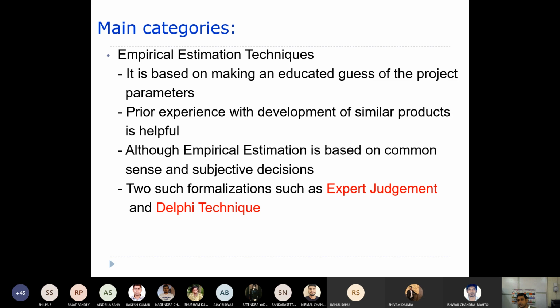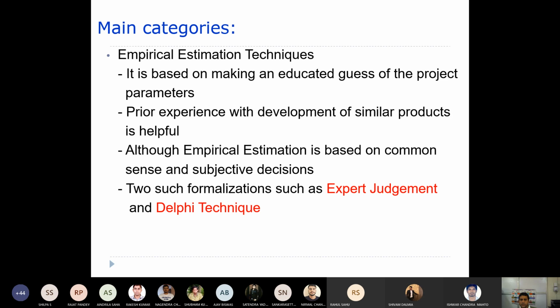First, the empirical estimation technique. It is based on making an educated guess of the project parameters. That means before we guess the project parameters, we need to have some prior experience of developing similar projects.